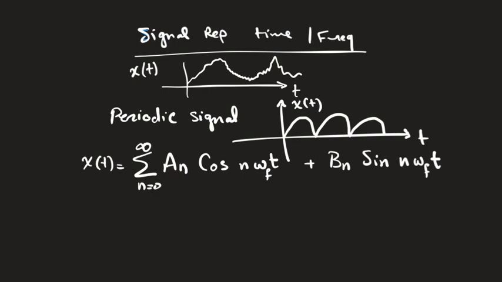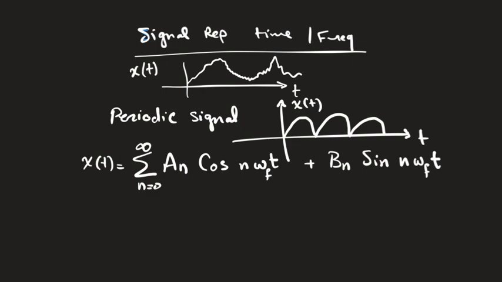What does this say? It says that this periodic signal, which has a general shape, but is just periodic, can be represented as a sum of sinusoids, cosine or sine, at different discrete frequencies. So at omega_f, 2 omega_f, 3 omega_f, 4 omega_f, and so on.